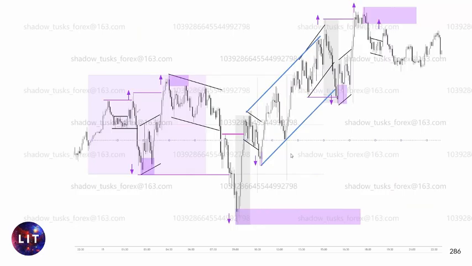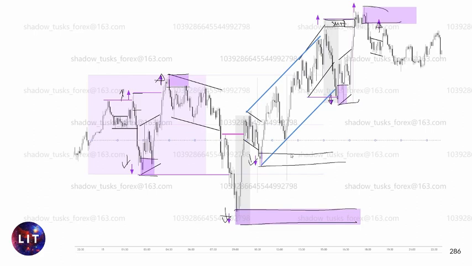So induce high, potential mitigation, induce low, potential mitigation, induce high, potential mitigation, induce low, potential mitigation, which obviously unfortunately misses, induce low again, potential mitigation, induce low, potential mitigation, and obviously we would have a potential mitigation up here that becomes an SMT after we have induced low, and then this would be our ideal mitigation for this inducement high. That should all make sense.